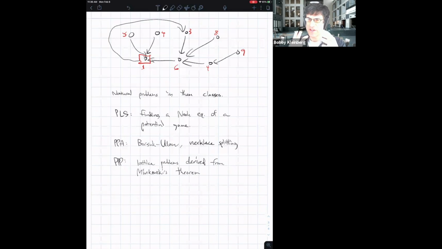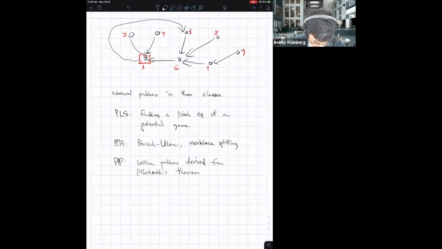So Minkowski's theorem is a very basic result in lattice theory that says if you have a centrally symmetric convex set of sufficiently large volume and a lattice whose fundamental domain has sufficiently small volume, then the convex set must contain a non-zero lattice point. The standard proof is a pigeonhole principle argument, and so the complexity of finding a non-zero lattice point in a convex set naturally belongs to PPP.